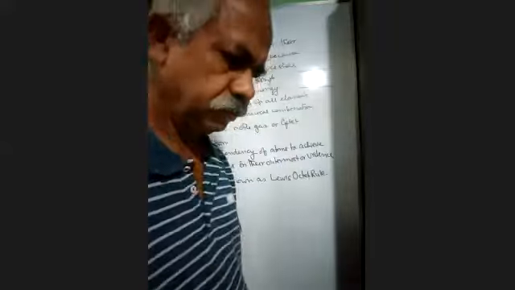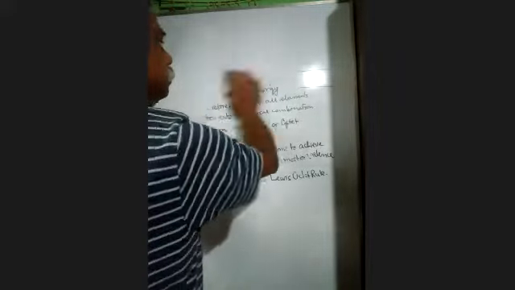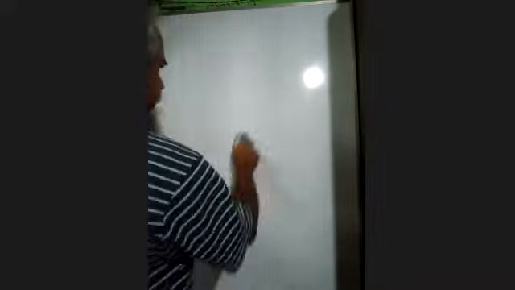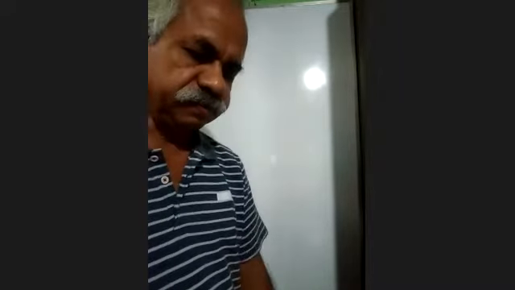All right. Please write down: Electronic theory of valency. Is that point number 3? No, it is a separate heading. See, every theory initially starts with an assumption, and these assumptions are nothing but the basis of the theory.